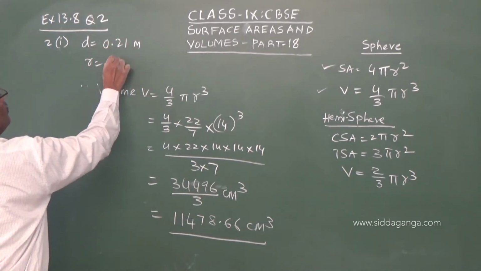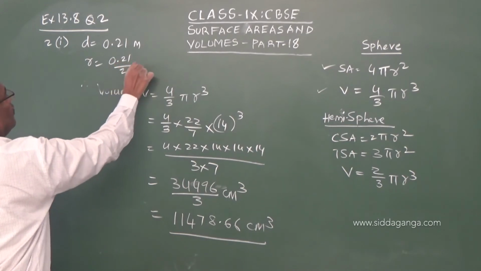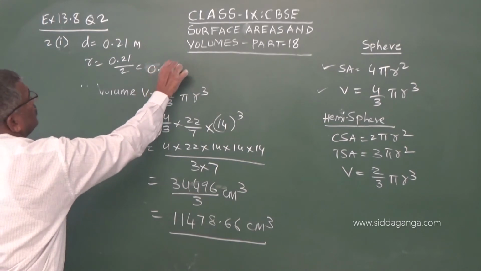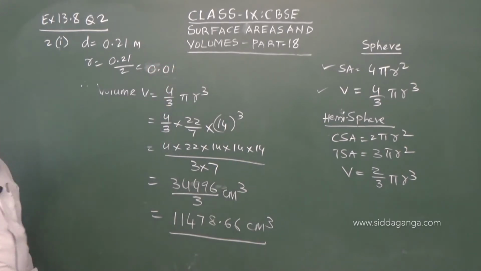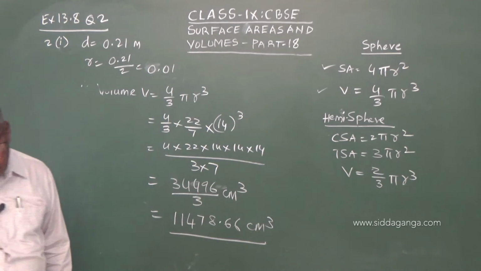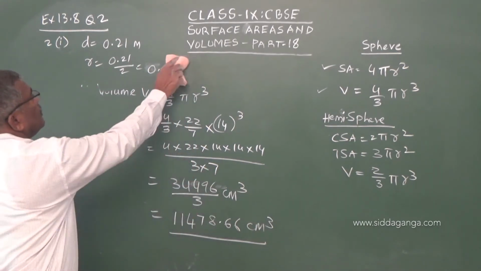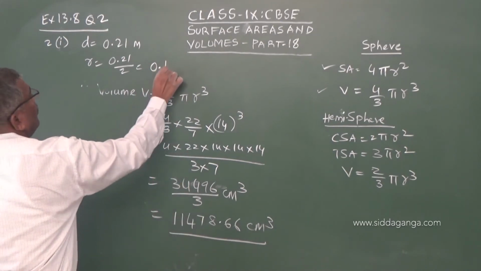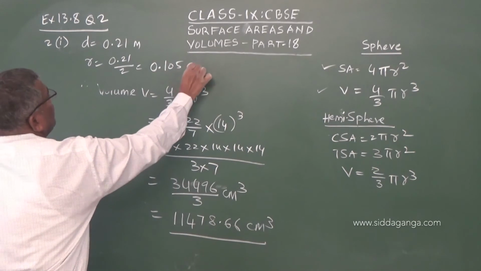Therefore, radius is equal to 0.21 by 2. 0.21 divided by 2 gives 0.105 meter.